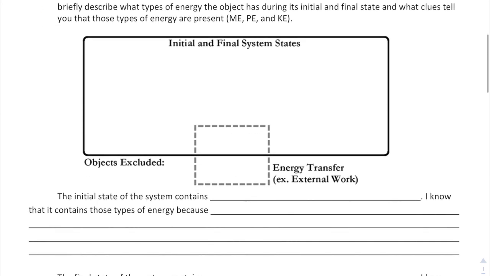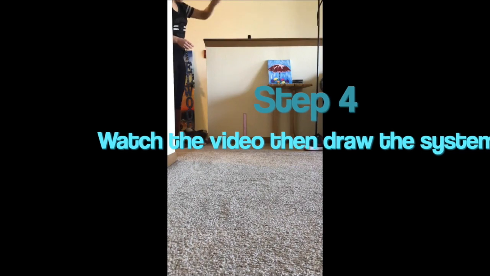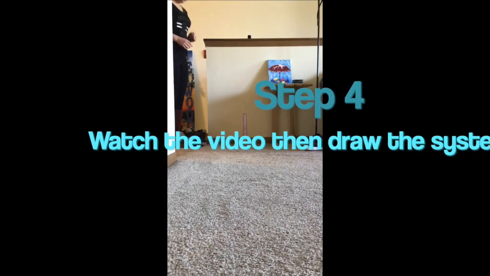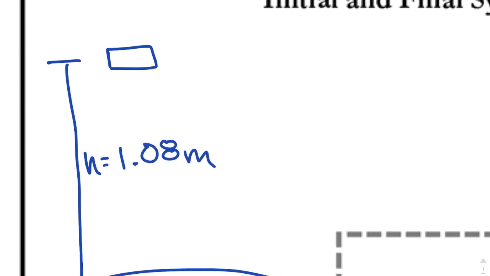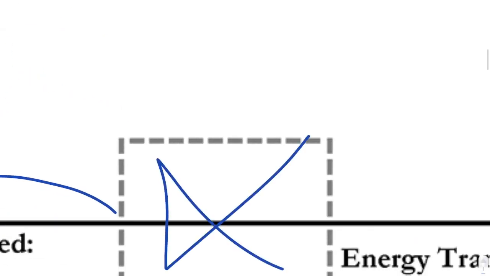Then step 3, we're going to draw the diagram before and after. Before, you notice that the monkey, which I'm going to draw as a box because you guys all know that I am an artist, was originally at a height of 1.08 meters. Always draw the earth in the system.